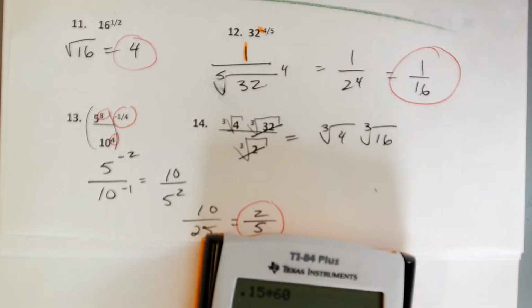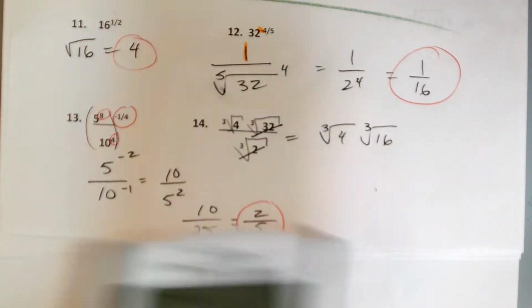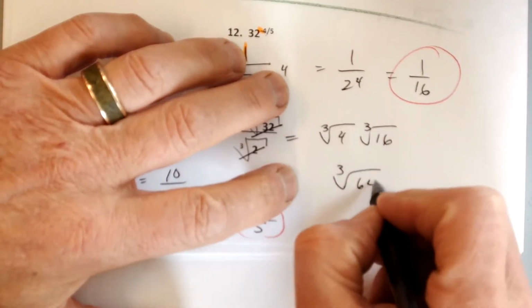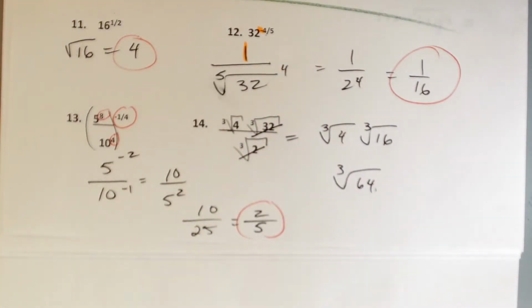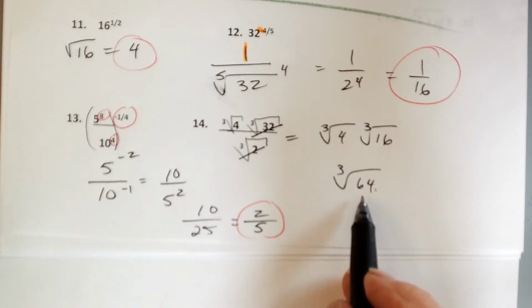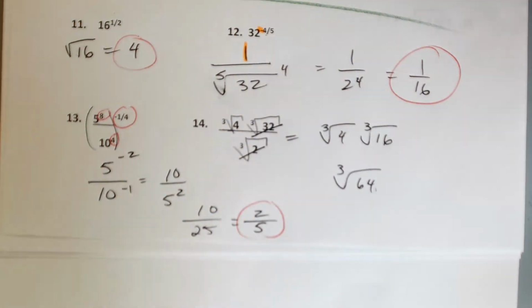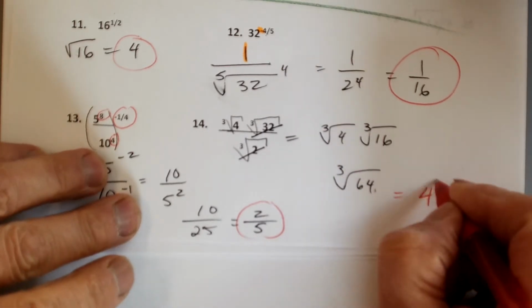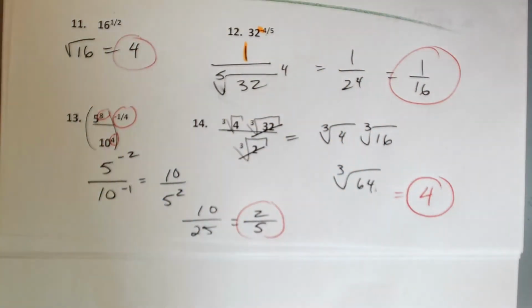Yes. So I get the cube root of 64. And then, wait a minute, I know that's one of my perfect cube roots. That is, because 4 times 4 times 4 is 64. So I can go straight to calling that plain old 4. Okay? All right, turn the page.